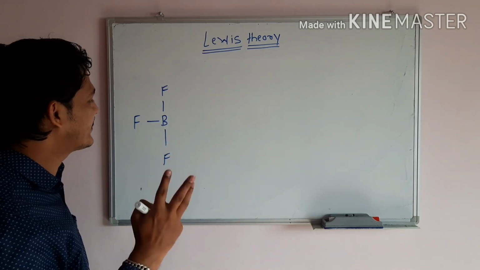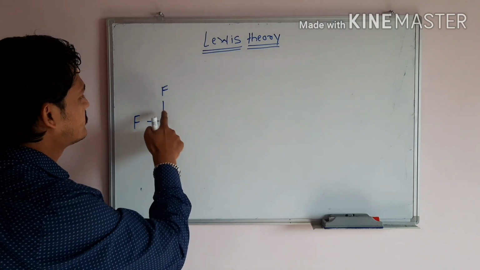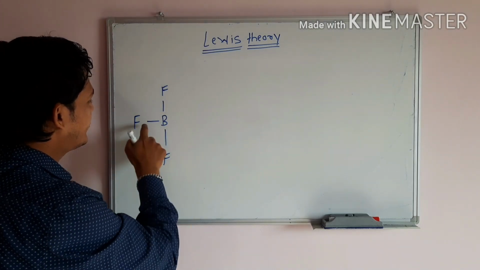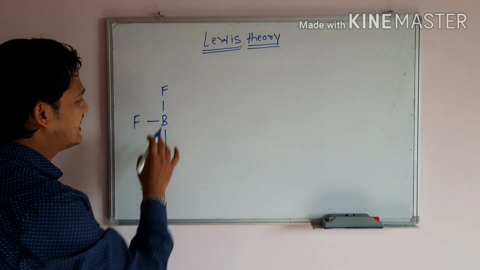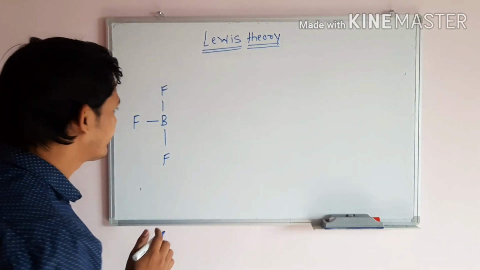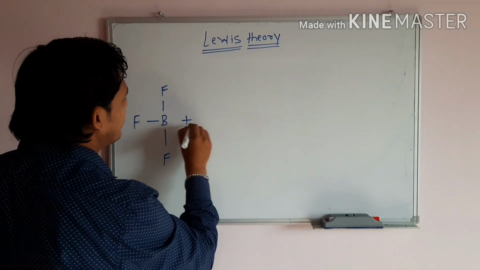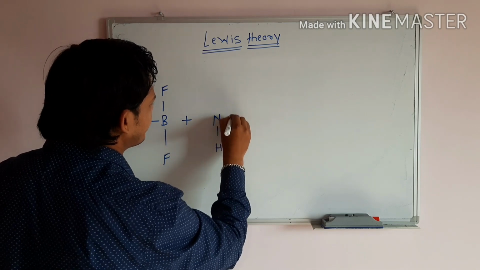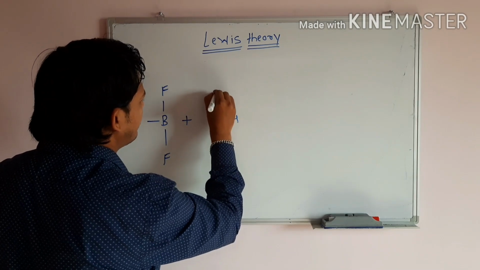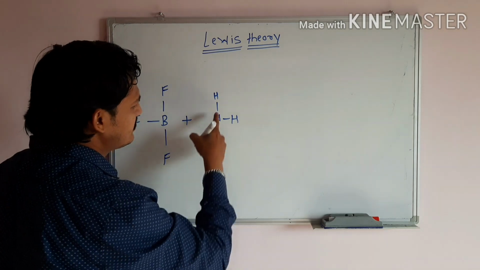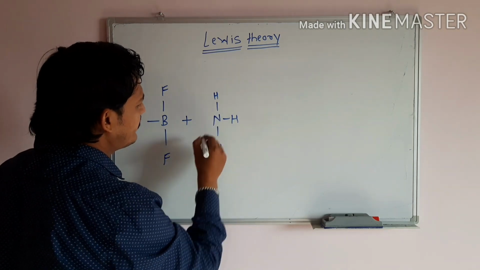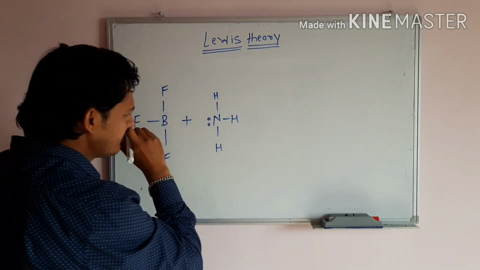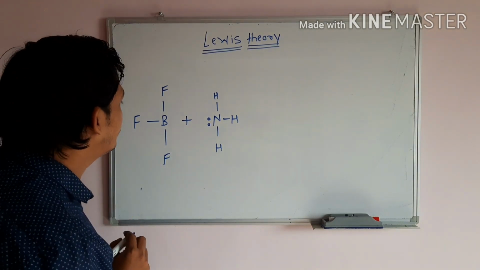So only 3 electrons are present in the outermost shell. These 3 electrons combine with 3 fluorine atoms, so no electron remains in boron. Plus ammonia, I am taking ammonia here also. Ammonia has 5 electrons: 3 electrons for bonding with hydrogen and 1 lone pair remaining.